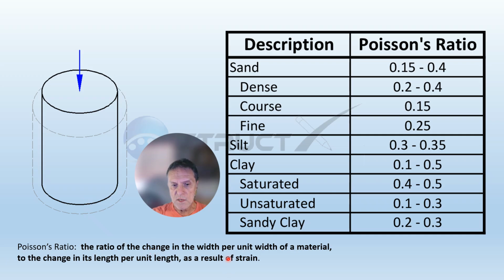So it's a ratio of the change in width per unit width to the change in length per unit length as a result of strain imposed by stresses. Different ratios for sand as opposed to clay. Saturated clay will perhaps deform more readily and at a higher magnitude than a dense sand, for example.